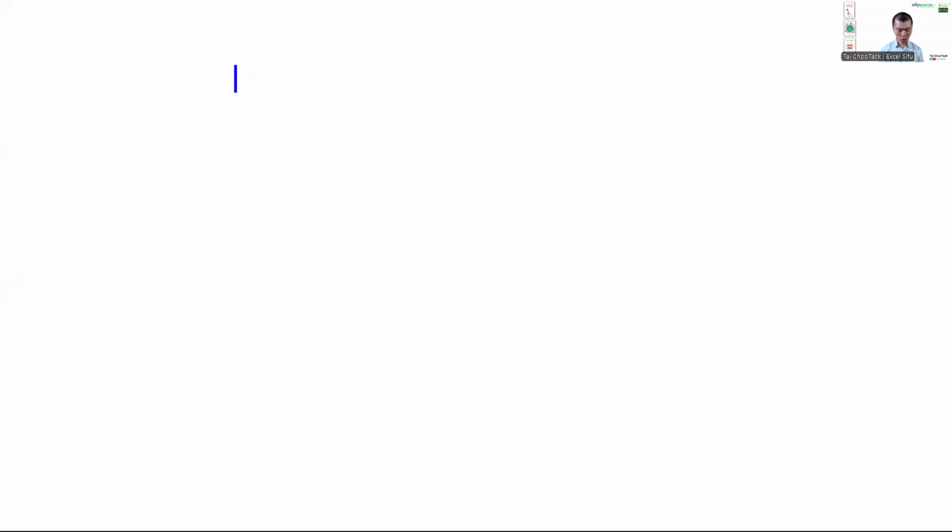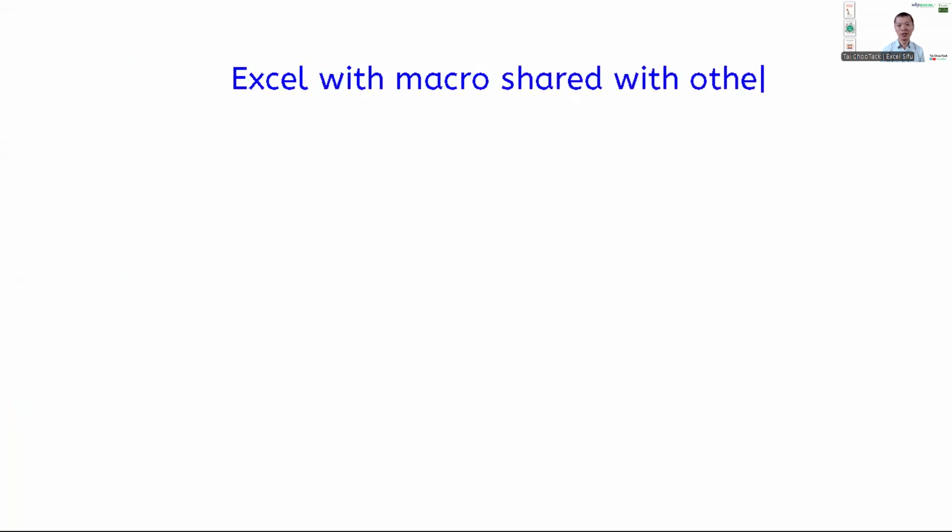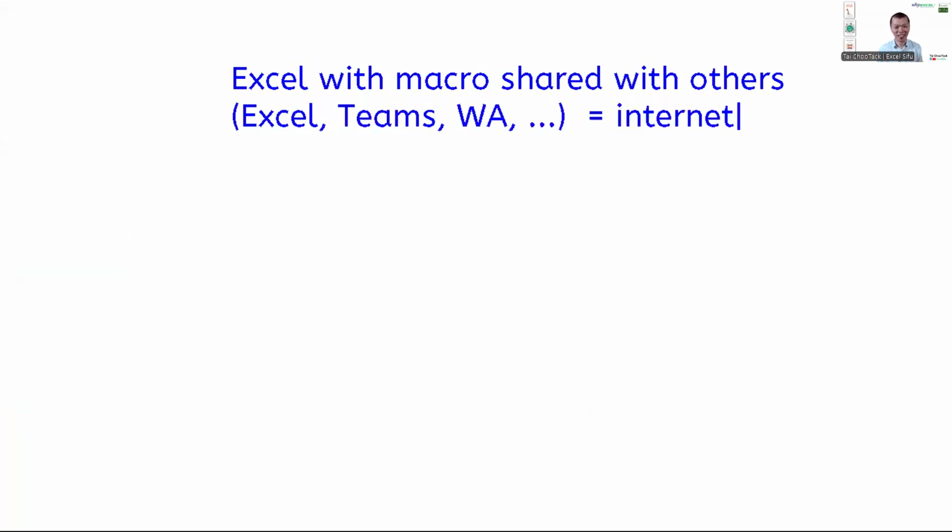When you share an Excel file with a macro, usually we share it either via email, via Teams, or maybe WhatsApp, or some other methods. All these things are called internet. Whenever it's via internet, a newer version of Windows, I believe most of you are using Windows 10 or 11, has extra protection.